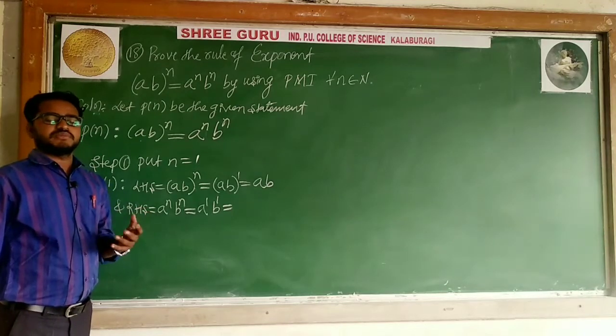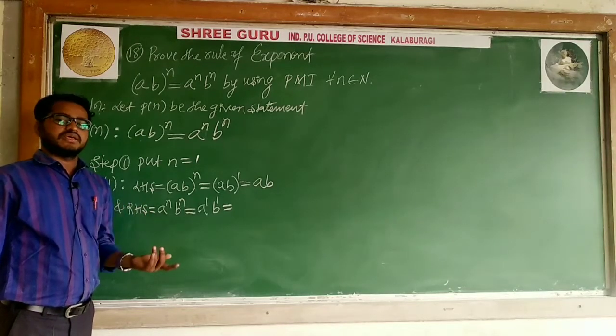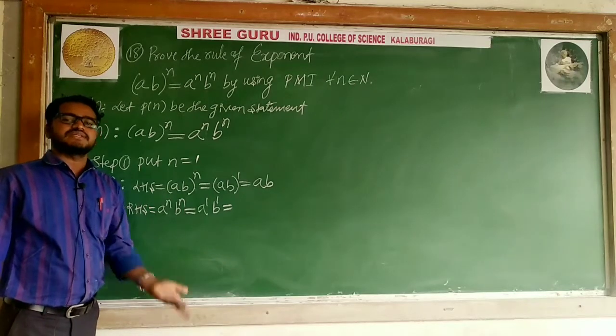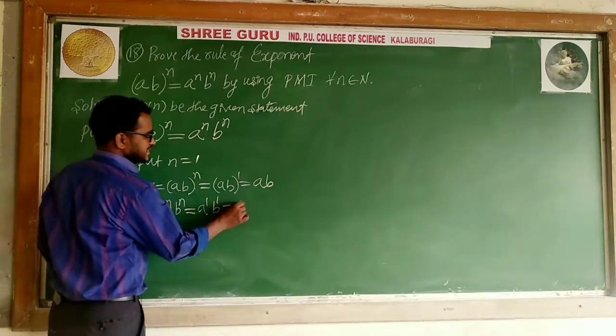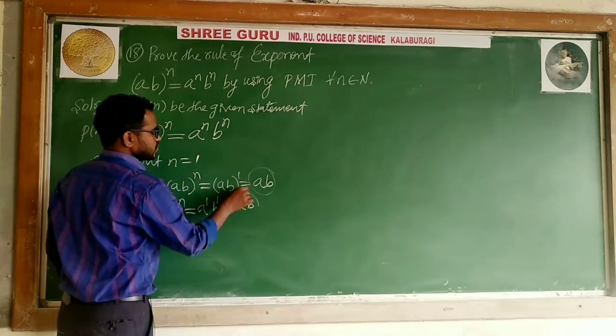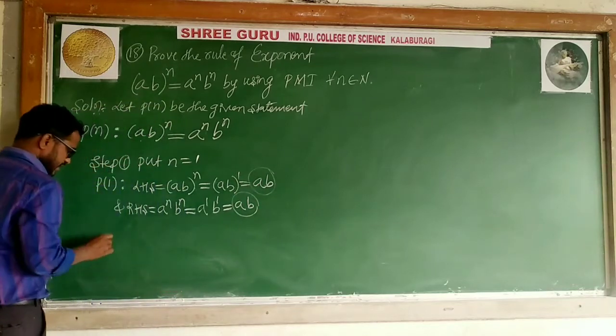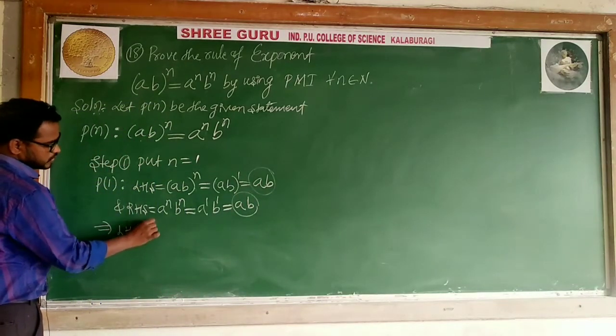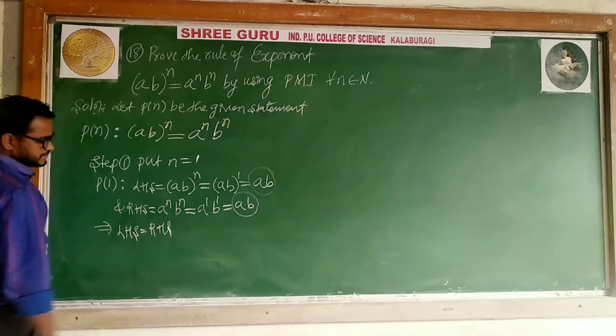A to the power nothing means 1, or else A to the power 1 is A only. Anything to the power 1 is that same thing. So A to the power 1 is A, B to the power 1 is B. Is AB equal to AB? It implies that LHS is equal to RHS.